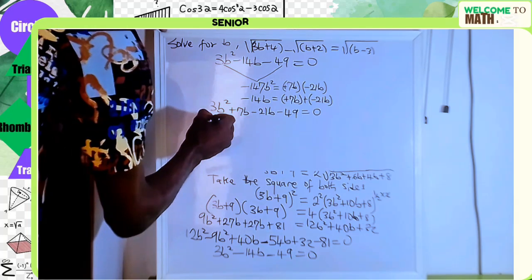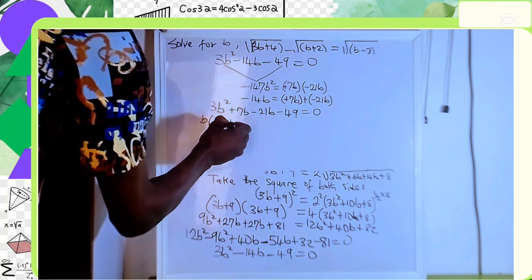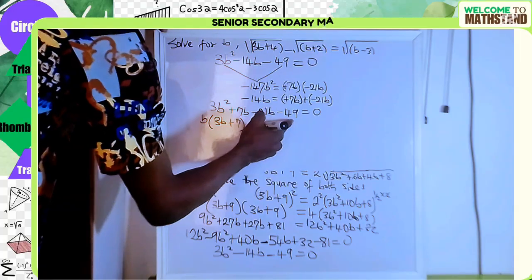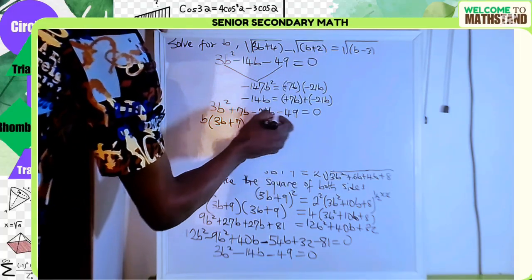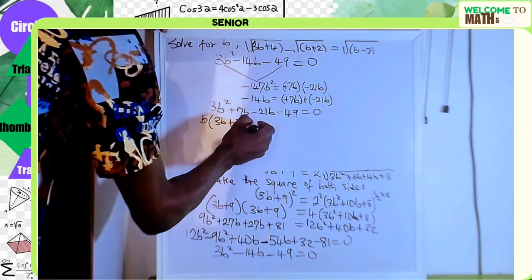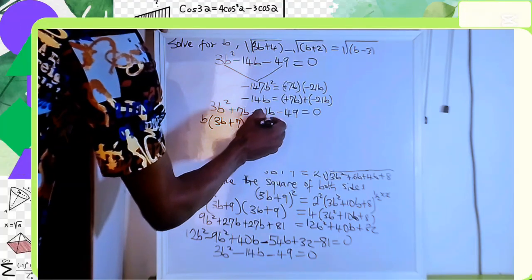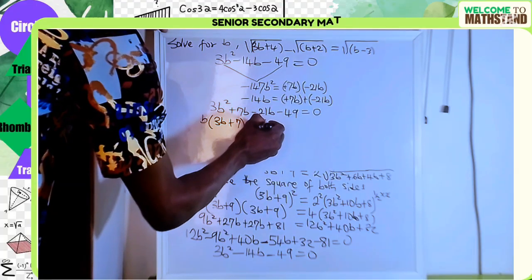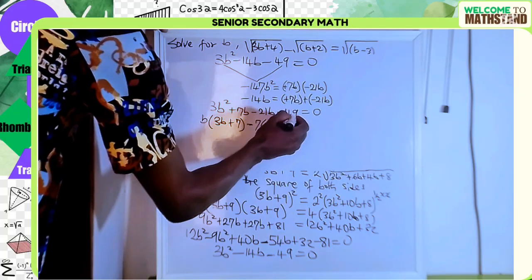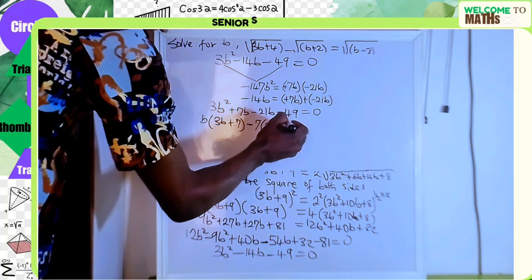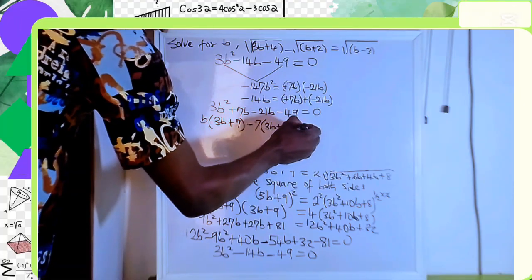So we bring out b, then we have 3b left, and we have 7. Then from here, bring down this minus. What's common here is 7. 7 goes into 21b, we have 3b left. 7 goes into 49, we have 7, equals 0.